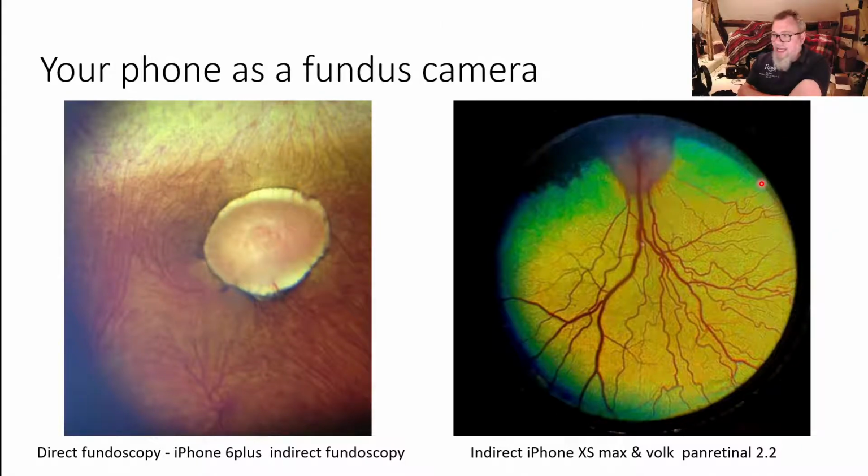So we can use our phone as a fundus camera, either by mimicking the direct ophthalmoscopy technique, getting our phone really close to the cornea without any lenses at all. This is an image of a horse, a normal horse, but without much pigment. You can see retinal vessels and vessels within the choroid. Or we can use the phone to image the projected image in front of our indirect lens, as we saw in the photographs before.